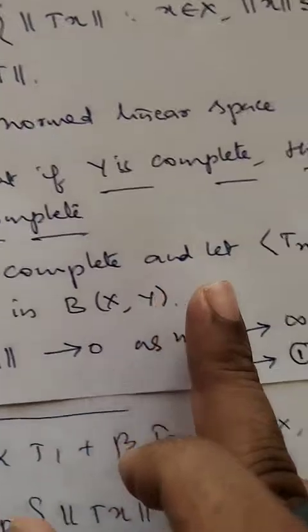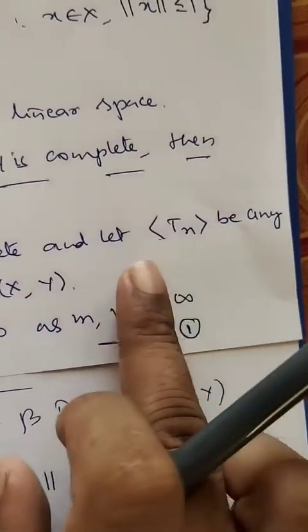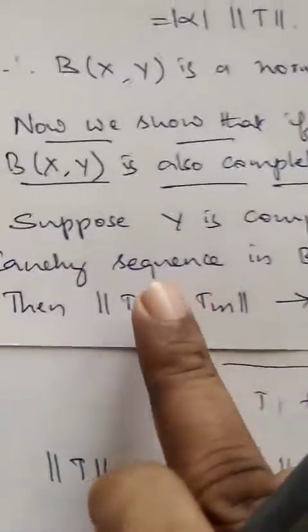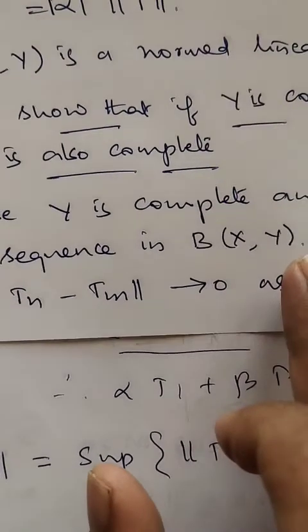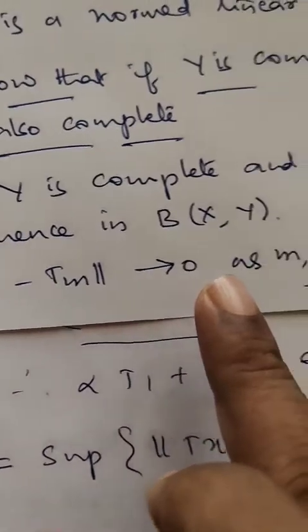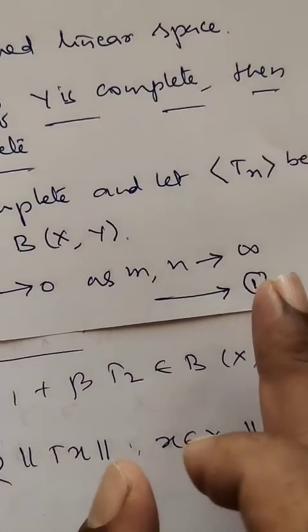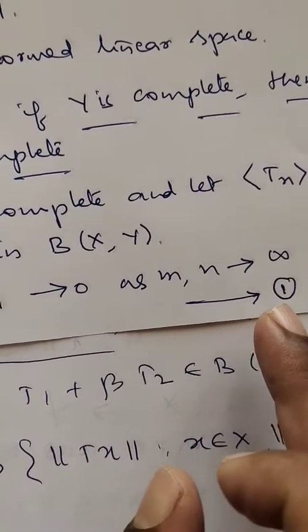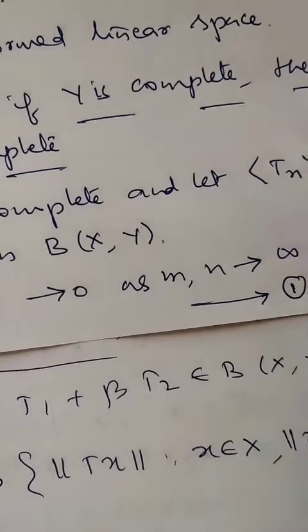For that, I take some Cauchy sequence in B(X, Y), and let Tn be any Cauchy sequence in B(X, Y). So Cauchy sequence means norm of Tn minus Tm tends to 0 as m and n tend to infinity. Call this number 1.